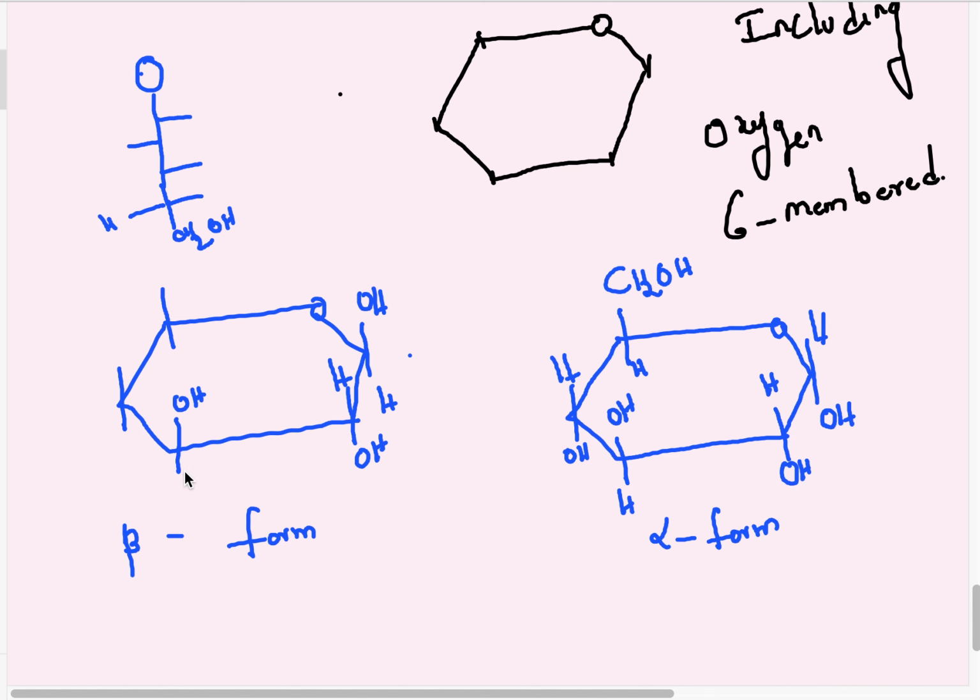OH, H. Next, OH, H. CH2OH, H. This is the Haworth structure of glucopyranose. Glucose or glucopyranose, both are same.